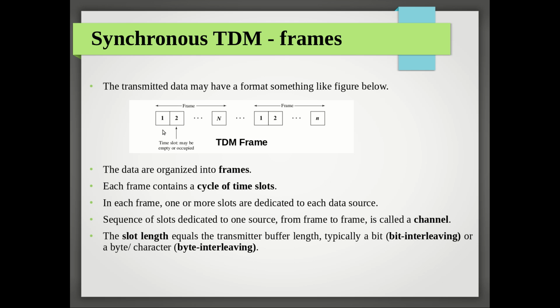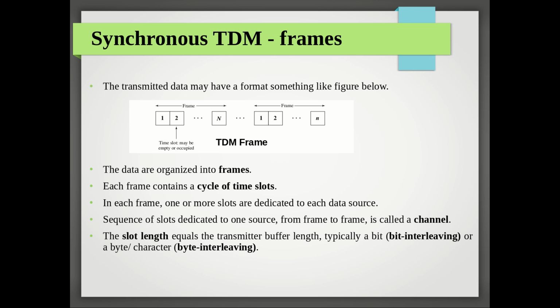So if we are looking at bit interleaving, the buffer will be buffering one bit at a time from a particular source, so the buffer length is 1 bit, and that 1 bit you are taking and making the frame. From all the input connections, we will be taking 1 bit, and together we will make the frame. In that case, the buffer connected with each and every input line is of length 1.